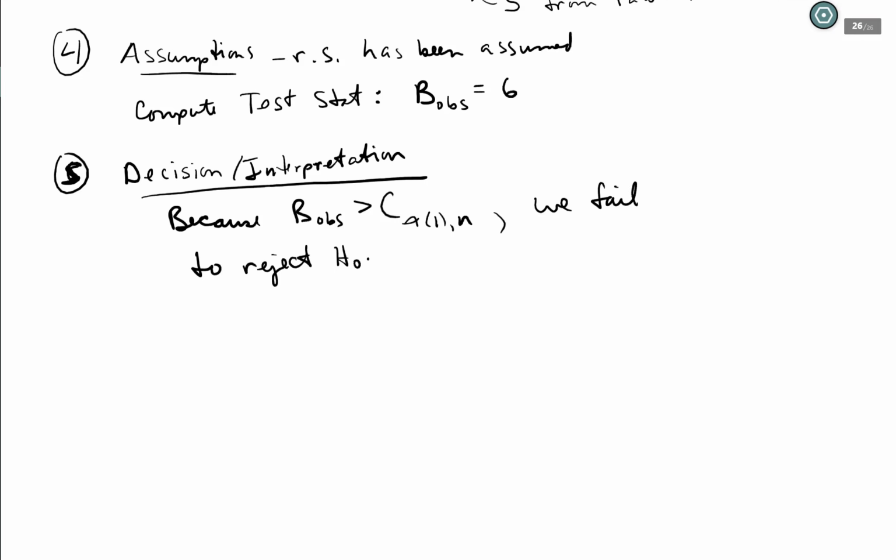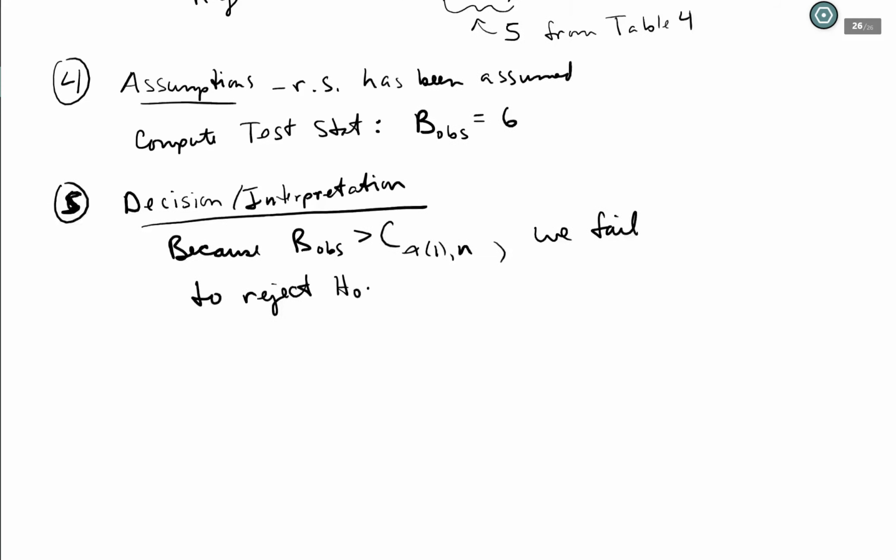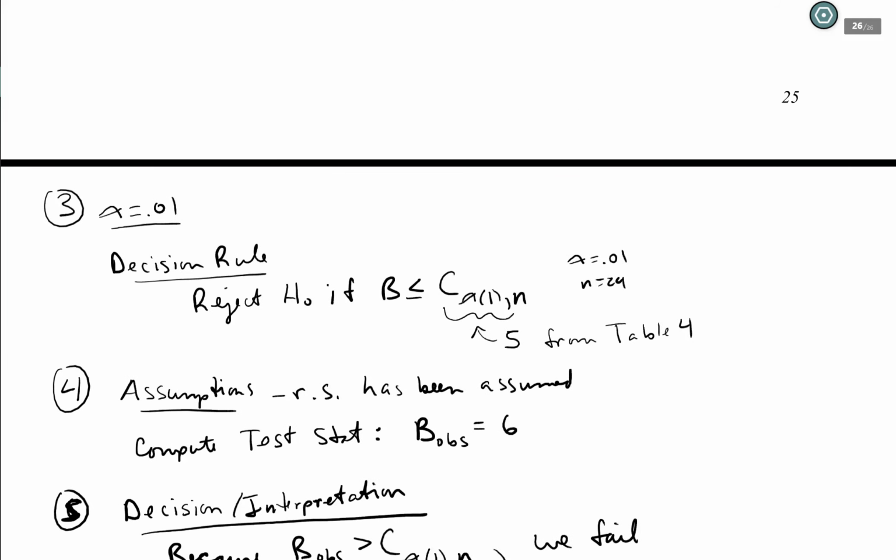Okay, so this concludes the sign test and the entire section dealing with inference on a single population central value.